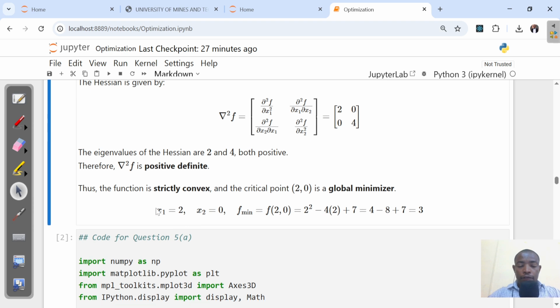In summary, x1 is equal to 2 and x2 is equal to 0. If we put this back into the objective function to be minimized, we end up with 3.